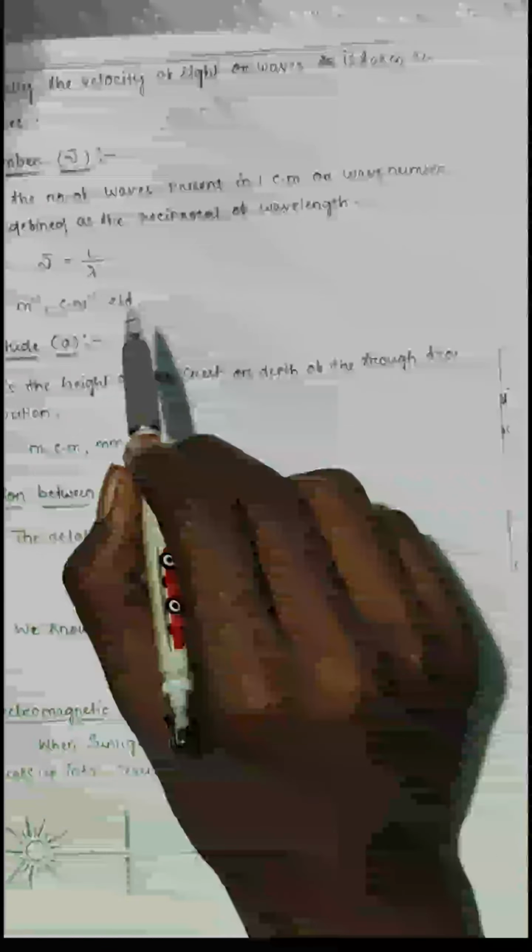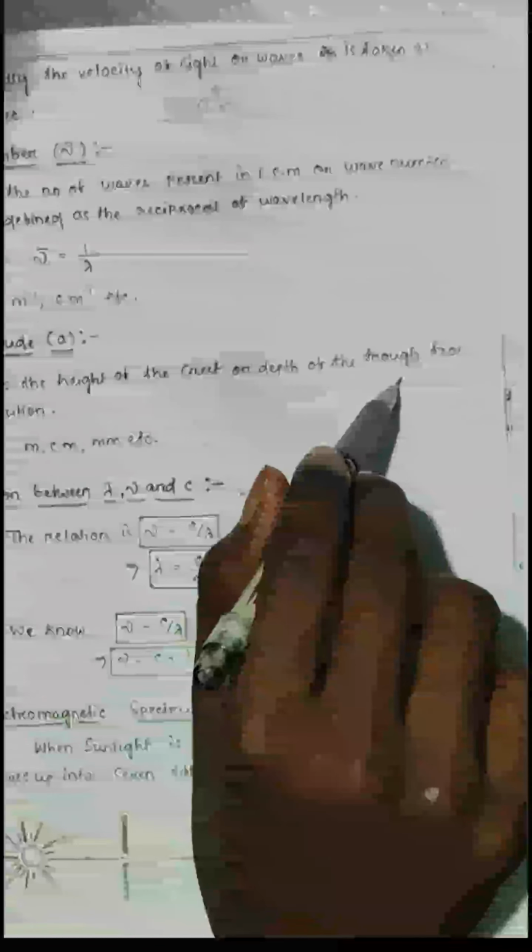Its units are also quite simple. They are the inverse of the unit of lambda, meaning meter inverse, centimeter inverse, etc. Amplitude. It is the height of the crest or the depth of the trough from the mean position.